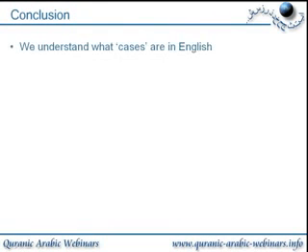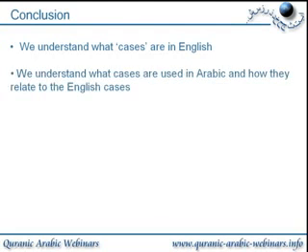In conclusion then, we understand very basically what cases are in English. We understand the cases that are used in Arabic, i.e. nominative, accusative and genitive, and we know they relate to the subjective, the objective and the possessive cases in English.